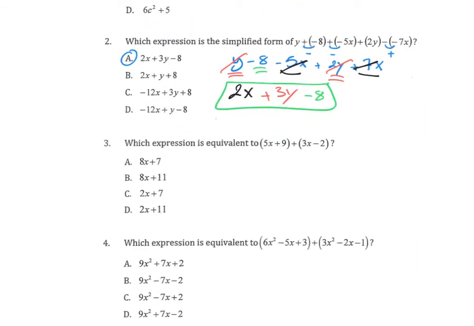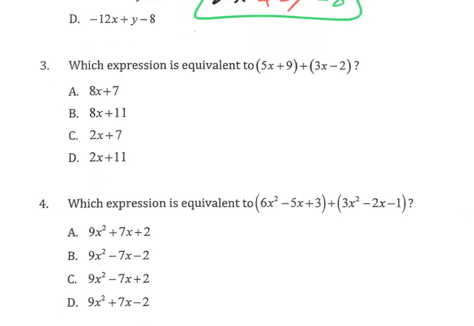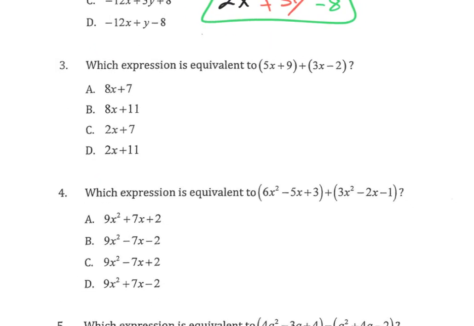All right, next question. Number 3. Which expression is equivalent to 5x plus 9 plus 3x minus 2? The first thing we have to do is remove the parentheses. Fortunately here we have positive, so we don't need to change the sign. So that's going to be 5x plus 9 plus 3x minus 2.